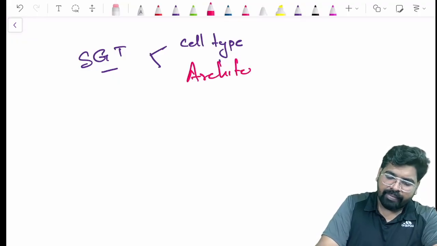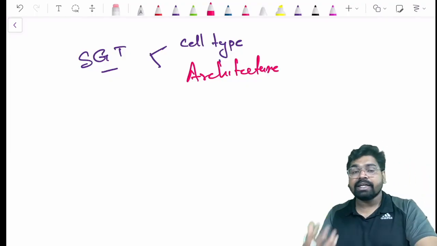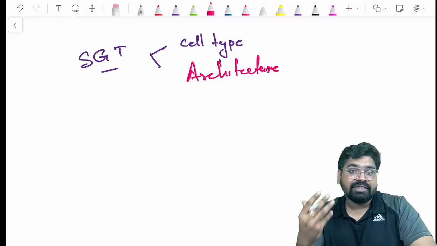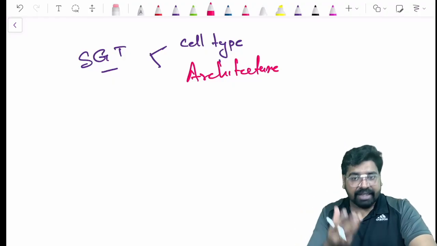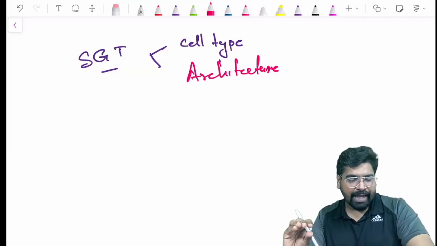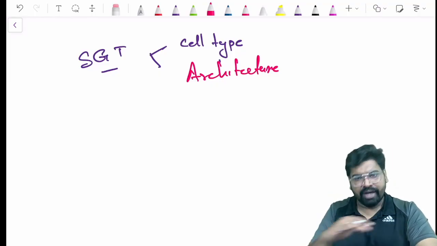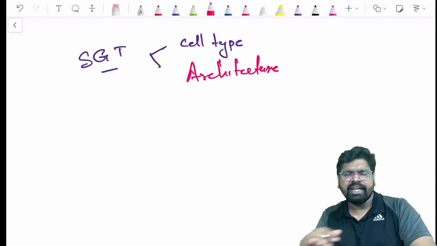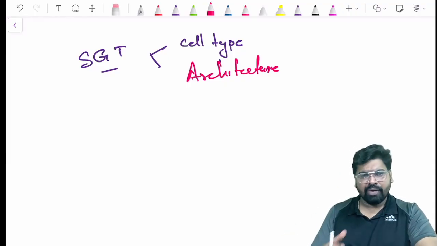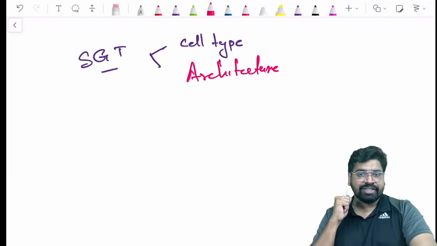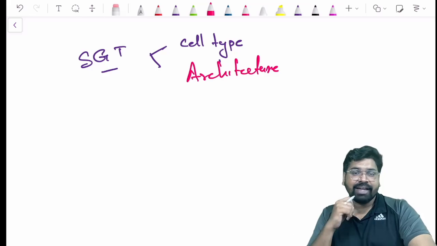Architecture means the pattern in which the cells are arranged. What type of pattern do these cells show: a ductal pattern, a tubule-like pattern, a trabecular pattern, or a solid pattern, solid sheets or tubules or trabeculae or ducts? In which architecture the cells are arranged is the speciality of salivary gland tumors.